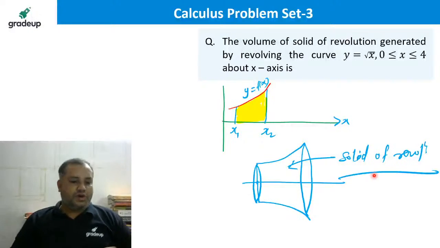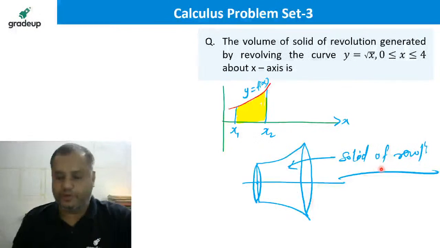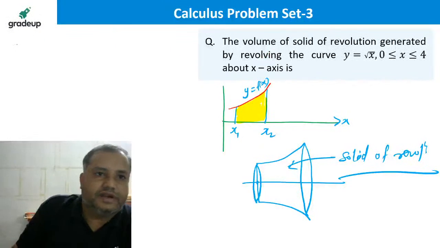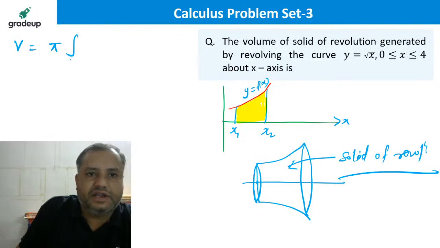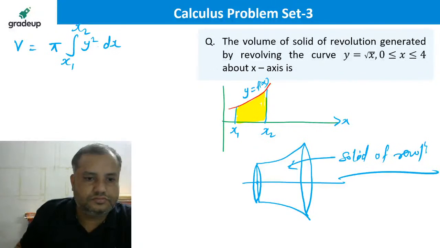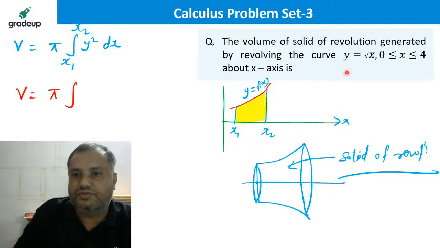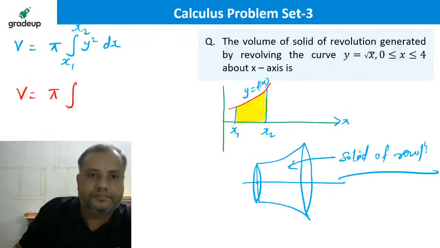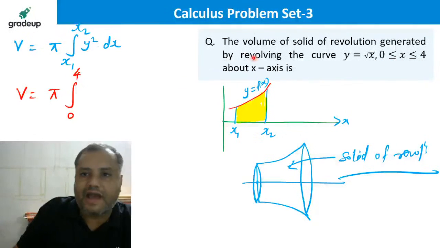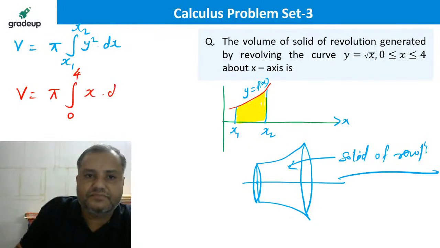So this solid of revolution will be having some volume. That volume we need to calculate. That volume is given by pi integration of y square dx, with limits in terms of x, x1 to x2, that is 0 to 4. y is given as root x, so y square will be x.